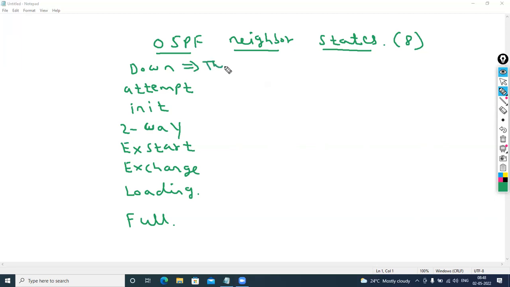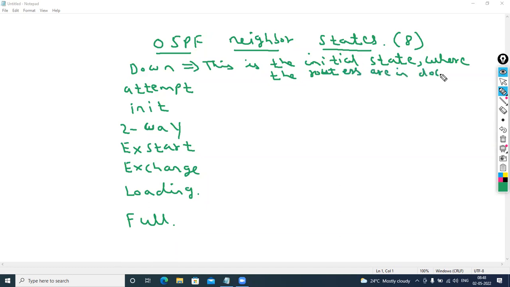So this is the first state, the initial state, where the routers are down initially. The attempt state, you rarely see in the network, because it comes into the picture when we use NBMA networks like frame relay.